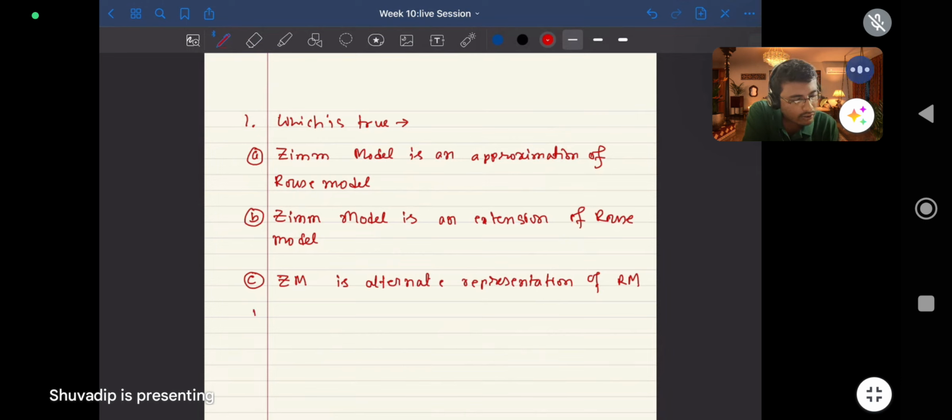And option D, the Zimm model is opposite to the Rouse model. So basically, which of these is correct, we'll try to see.